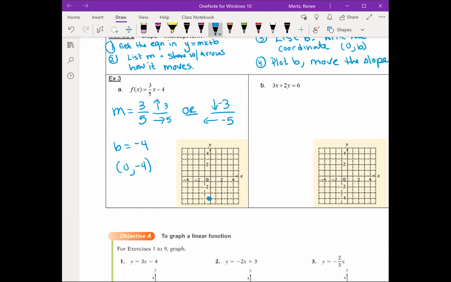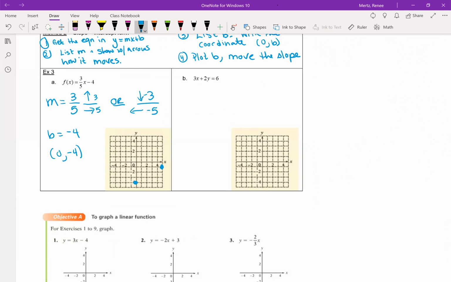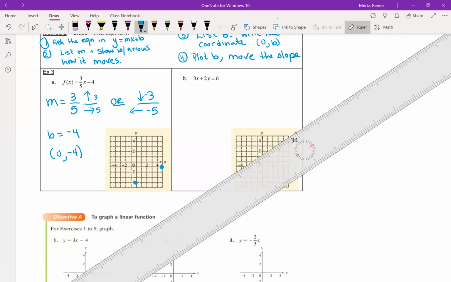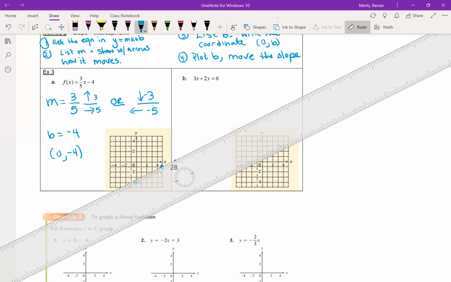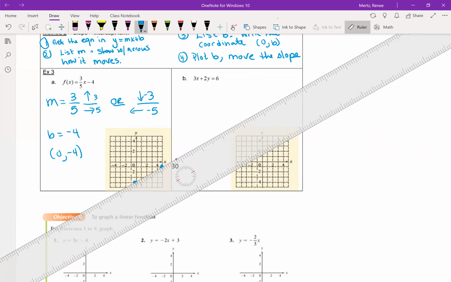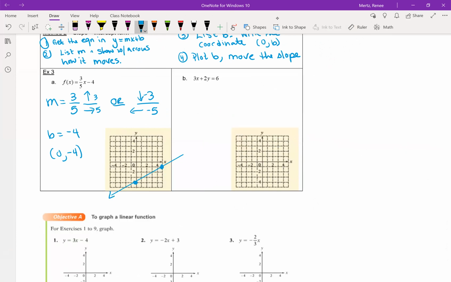So I put my starting point at 0, -4. Because I can't move down on this graph, I'm going to move up 3, 1, 2, 3, over 5. So I can only fit 2 points on this graph, which is fine. Then I'm going to put my ruler on. And I'm going to label the graph with the original equation.